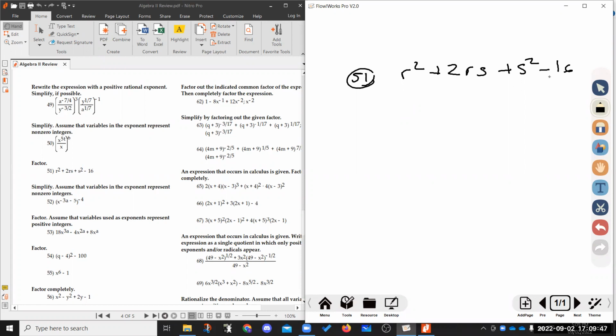I can only get s plus 4 and s minus 4 if I group these two together. I don't have any 4s over here, so I'd better find a different way of grouping them.